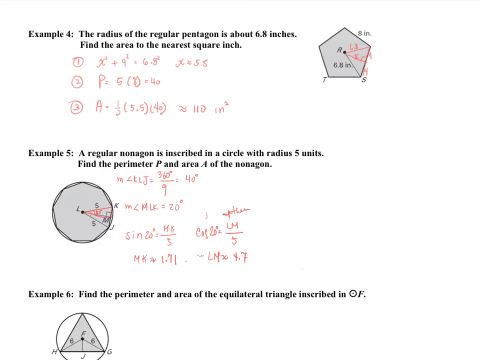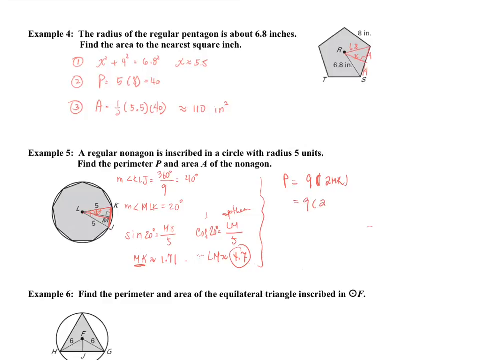So now that we have the lengths, we can go ahead and find the area of this nonagon. Again, we have our apothem, so that's done, and we need to find the perimeter. Since there's 9 sides, I need to multiply that by twice MK, because MK is only half the length of JK, and JK represents the length of one side of the nonagon.